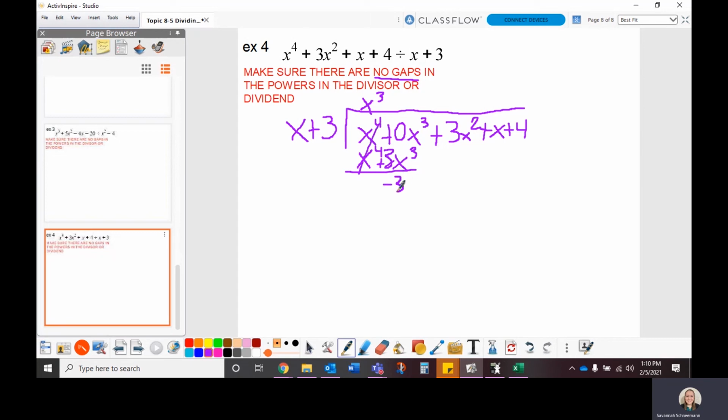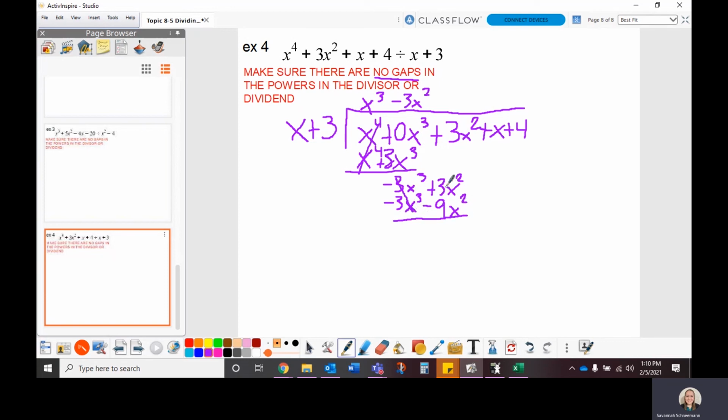That becomes negative 3x cubed because 0 minus 3 is negative 3, and then we bring down that 3x squared. X will go into negative 3x cubed. That is going to be minus 3x squared, because negative 3x squared times x is negative 3x cubed, and negative 3 times 3, that's going to be negative 9, and then x squared.